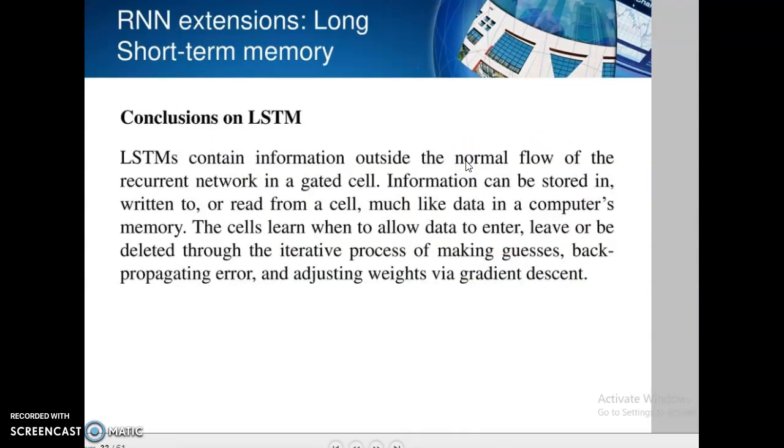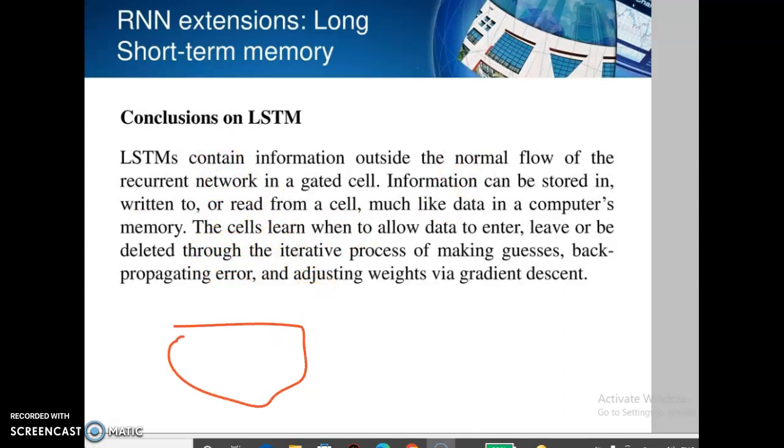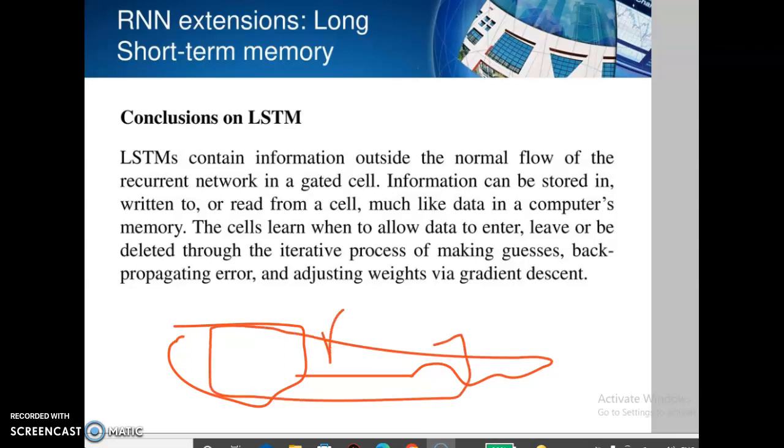So, conclusion on LSTM. LSTM contains information outside the normal flow of the recurrent network, in a gated cell.